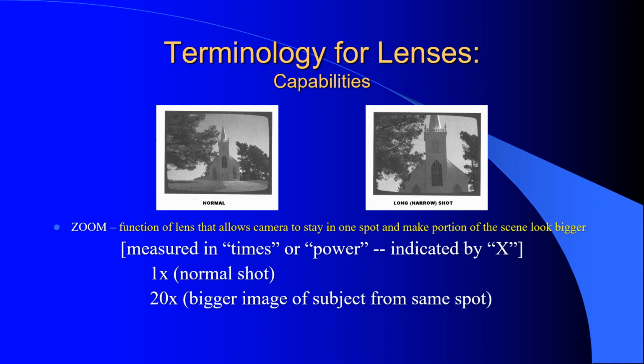Zoom lenses are determined according to this. Some are 16X, meaning they would only make it 16 times bigger. Others are 25X or 30X, making an object look 25 to 30 times bigger than its normal shot.